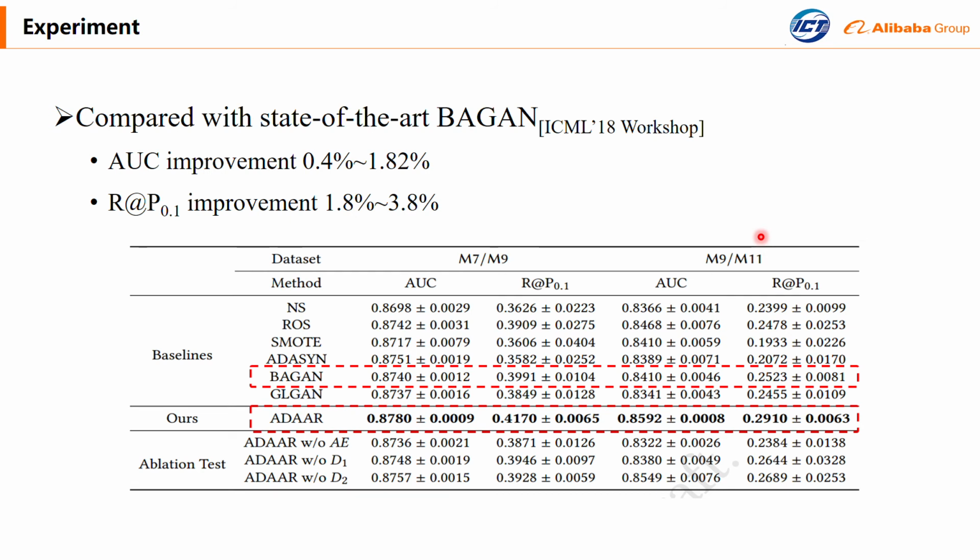We compare with several state-of-the-art methods, including interpolation-based methods like SMOTE and ADASYN, and GAN-based methods like BAGAN and GL-GAN, to verify the effectiveness of our proposed method.